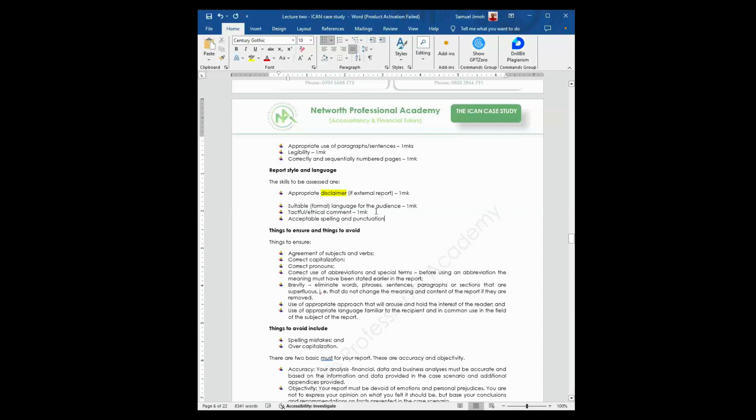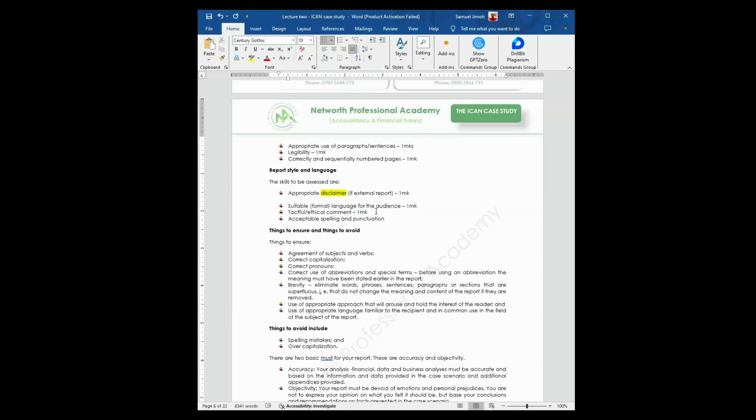And a tactful comment, on the other hand, might be like this. Maybe you have appraised a project, and it shows that it has a negative NPV. From your knowledge of performance management and strategic financial management, the decision will be that they should reject such an investment.